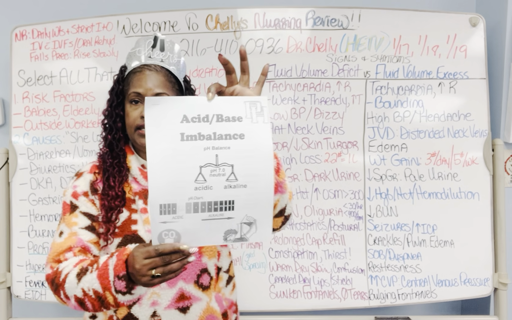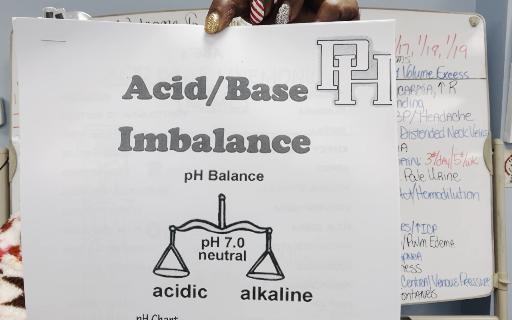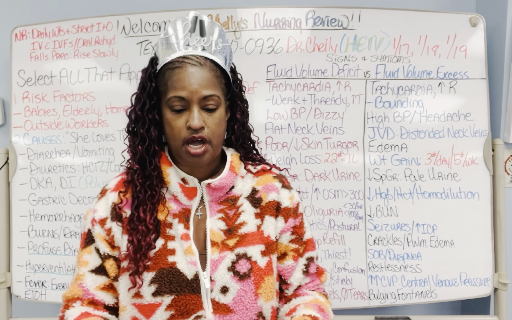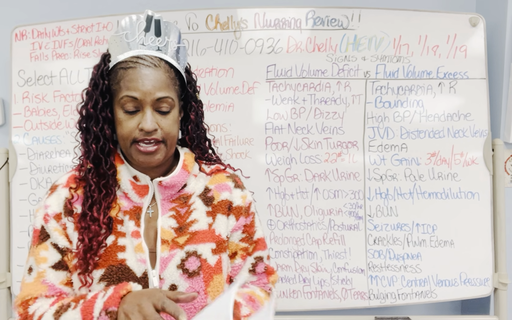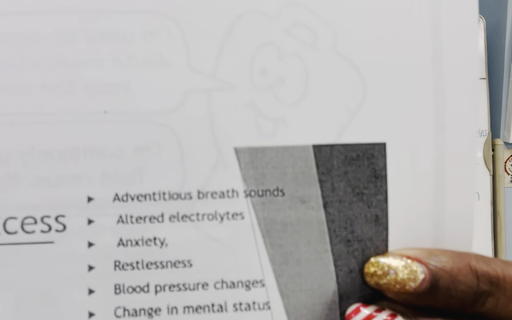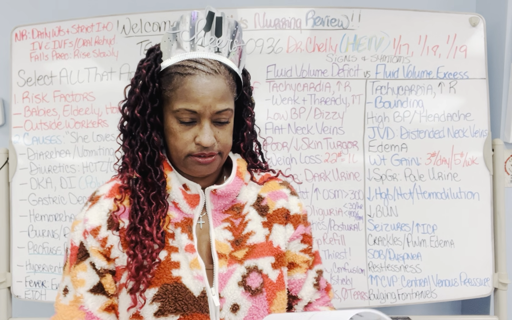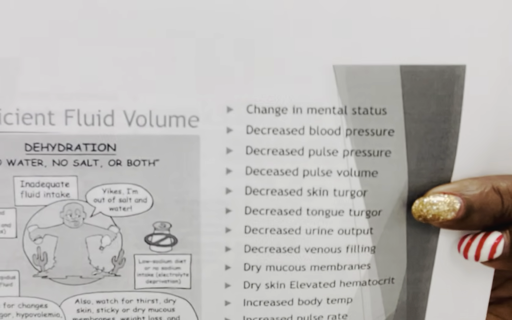Lastly, you will need this handout. This is the acid-base imbalance. It's also the electrolyte handout and fluid. So in this handout, which is huge, you will see fluid volume excess. You will see deficient fluid volume.